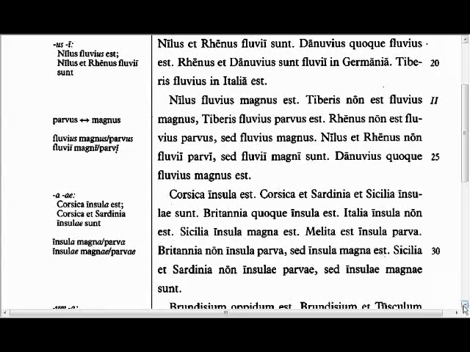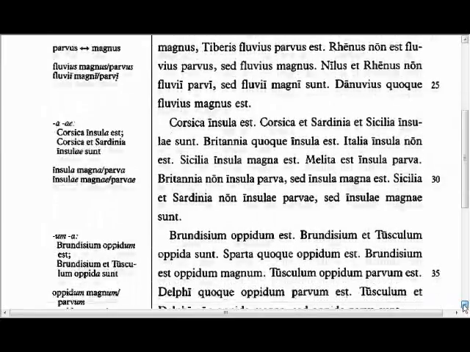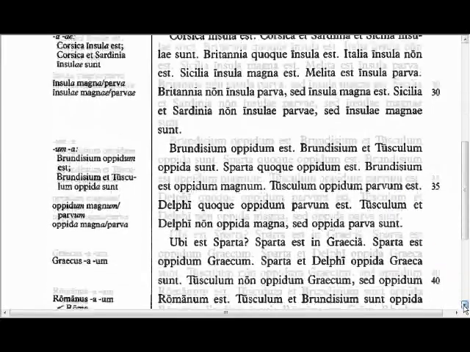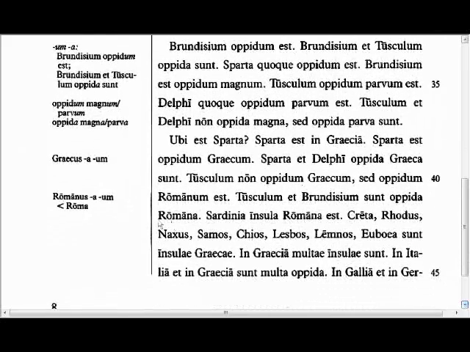Okay, so you have antonyms, we have grammar notes and antonyms, and then of course we'll have synonyms, or actually down here we have the next kind of note, which is a derivative note. De Roma, this is how I would say this, where you have the little caret, or the less than sign. De Roma, from the word Rome, we get the word Romanus, Romana, Romanum, which is Roman.